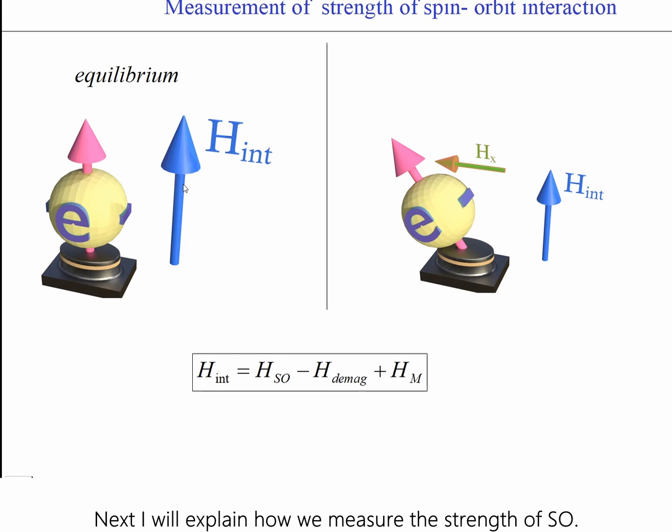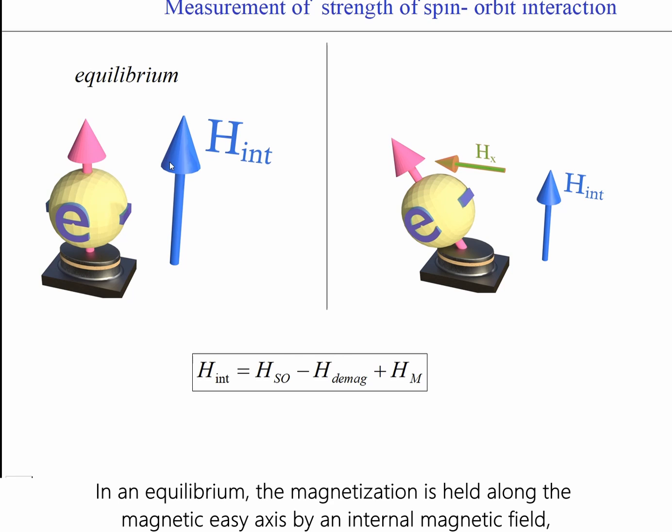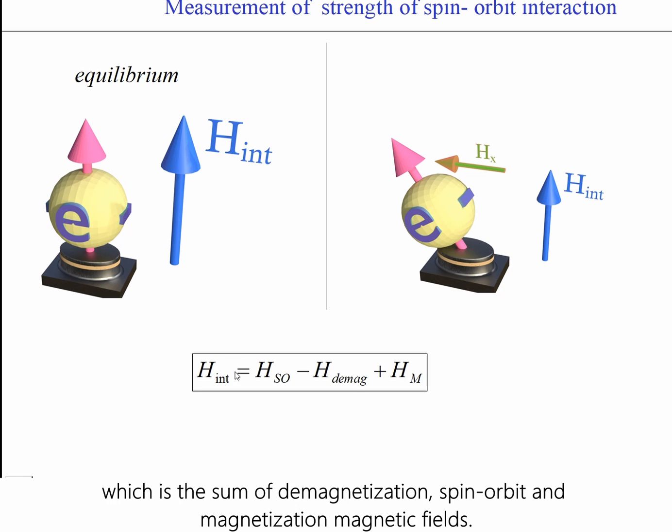Next, I will explain how we measure the strength of spin-orbit interaction. The measurement is direct and relatively simple. In equilibrium, the magnetization is held along the magnetic z-axis by internal magnetic field, which is the sum of demagnetization, spin-orbit and magnetization magnetic fields.